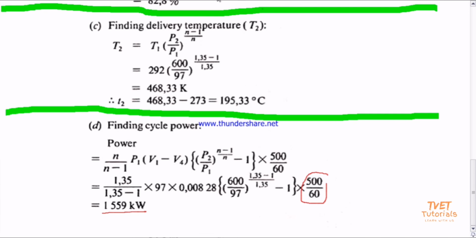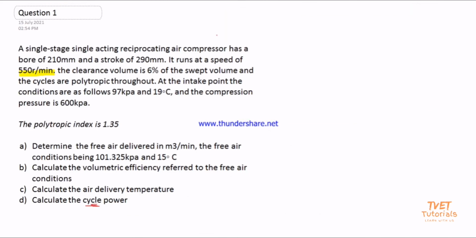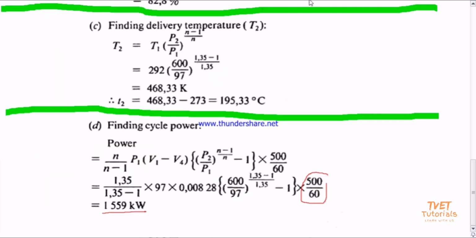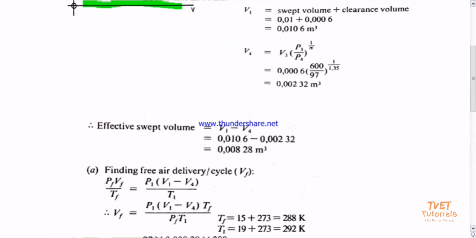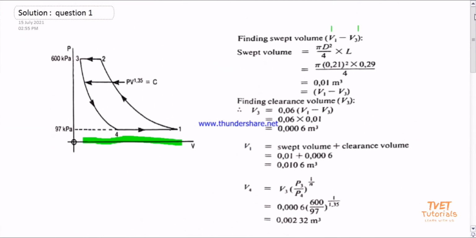Let's quickly go back to the question. You can copy down the question, work it out on paper again, see if you are able to understand this without seeing the solution, and then refer to the solutions when you're done, so you can evaluate yourself in terms of understanding the compressor volumes.